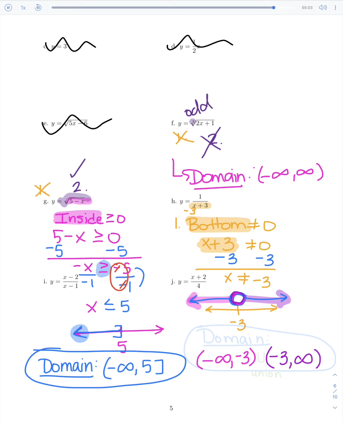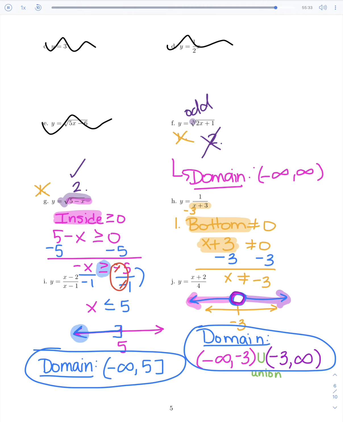We're going to learn a new symbol. When you've got pieces you want to put together, you're going to put a U in the middle, and it's called a union symbol. And I always think of the U or union symbol as like a uniter. It brings two pieces together. So this is our final answer for our domain for this problem on H. What this domain says is anything from negative infinity up to negative 3.